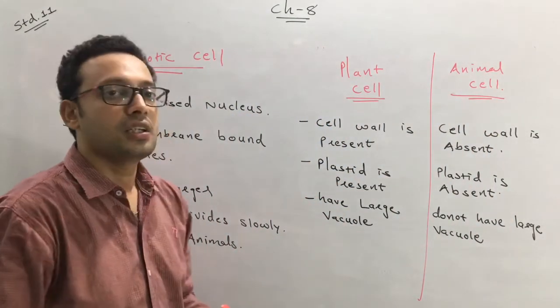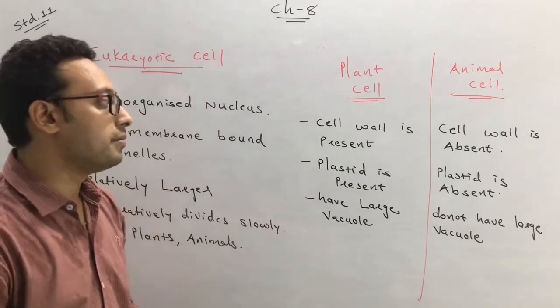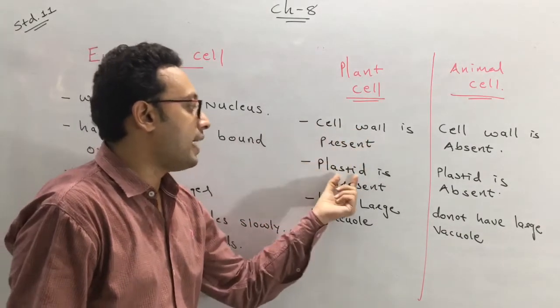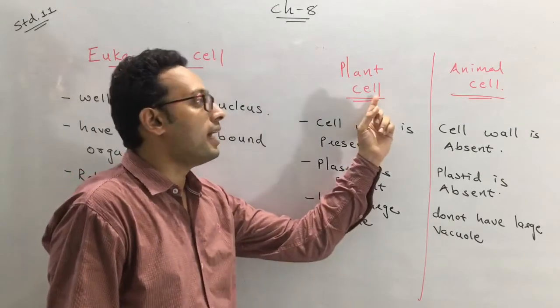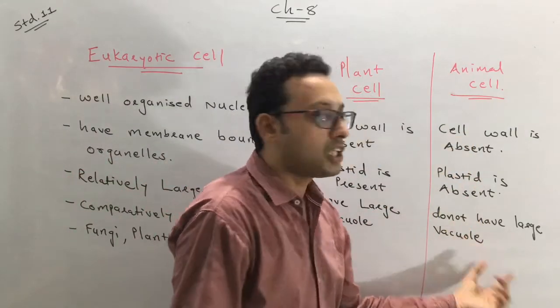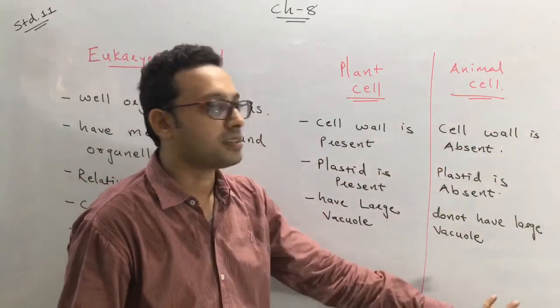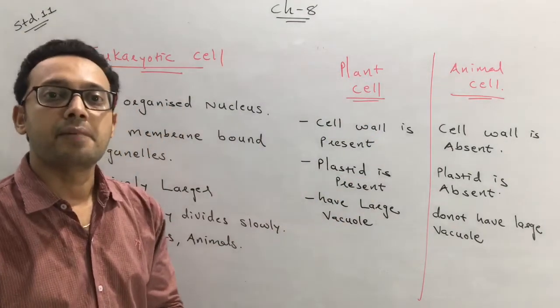So this is the third difference between the plant and the animal cell. In short, cell wall, plastid and large vacuole are found in plant cell, but cell wall, plastid and large vacuole are absent in animal cell. You cannot find these three components in animal cell which can be found in plant cell.